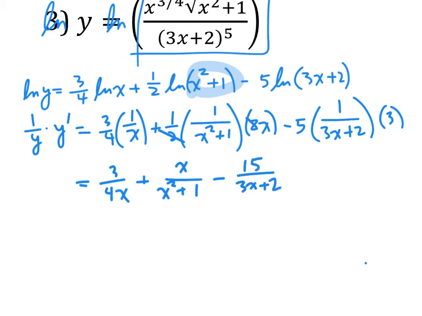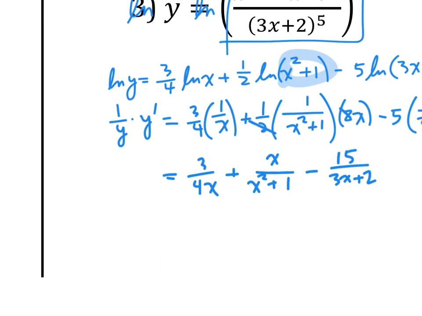All right, so this is all equal to y prime over y. So don't forget the left-hand side. This is the tricky part. When the problem didn't start with natural log and you want to use the natural log differentiation, you would need to apply natural log on both sides, which means when you take the derivative of the left-hand side, it is actually a chain rule. So be careful of that. All right, so now if we want to find y prime, we need to multiply everything by y.